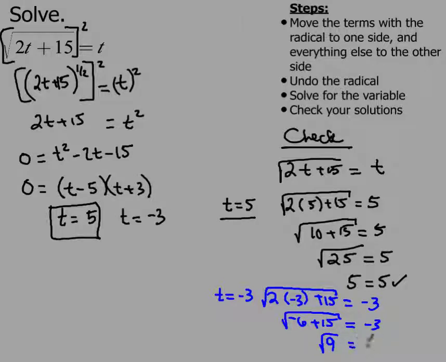Square root of 9 equals negative 3. Oh, and that's 3 equals negative 3? Nope. Thanks for playing, but you are extraneous, negative 3. You don't get to count in this one.